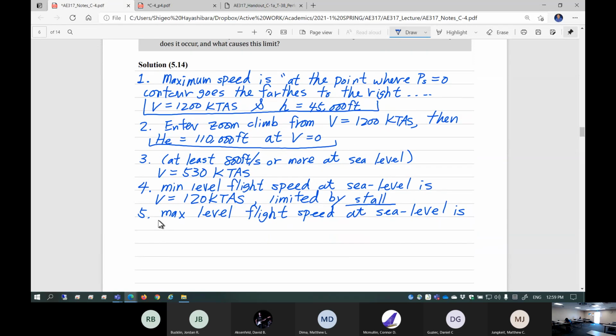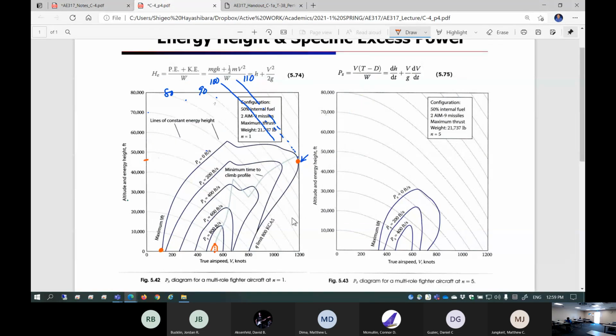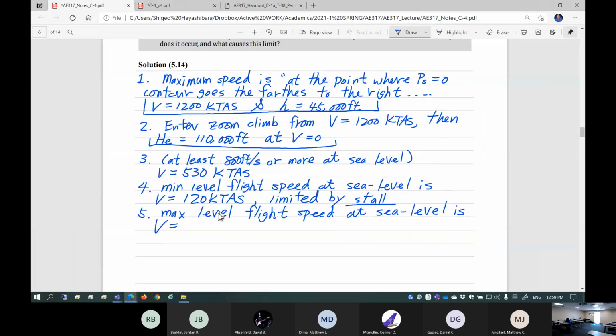If you look at the value, it's right here, at sea level. It's a Q limit. So 800 knots KTAS, limited by the Q limit. If you fly faster than this, your airframe actually breaks down.